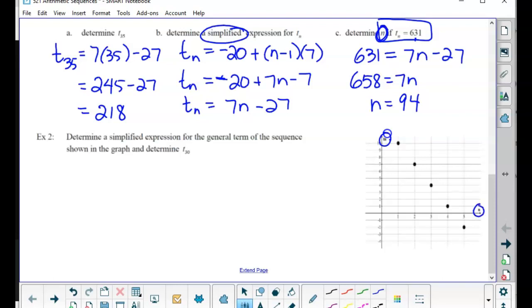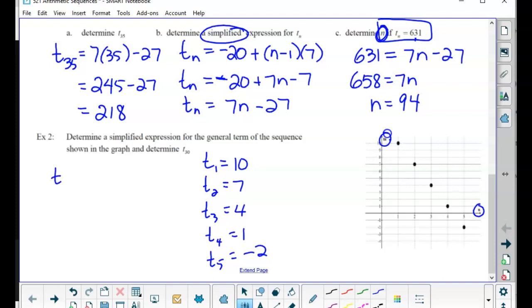So this means term 1 is 10, term 2 is 7, term 3 is 4, term 4 is 1, and term 5 is negative 2. Okay? So determine a simplified expression for the general term.